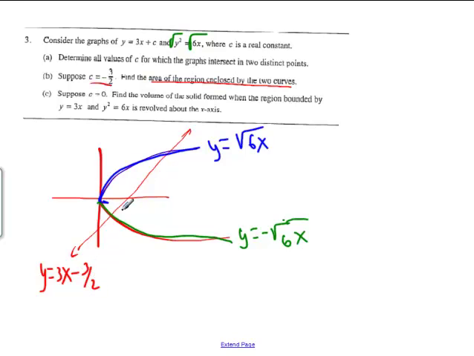So to find this area, I'm going to need to split it up into two sections. I need to find this intersection and this intersection. So let me do that first on the calculator. Okay, so our first intersection point is at 1/6, and this intersection point is at 3 halves. These are the x values.